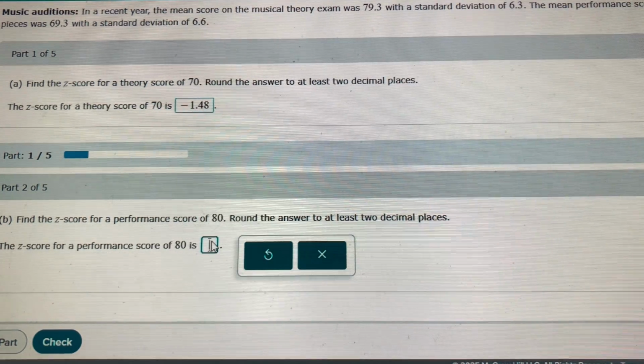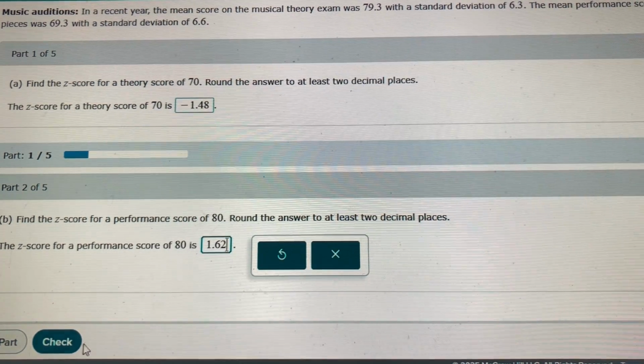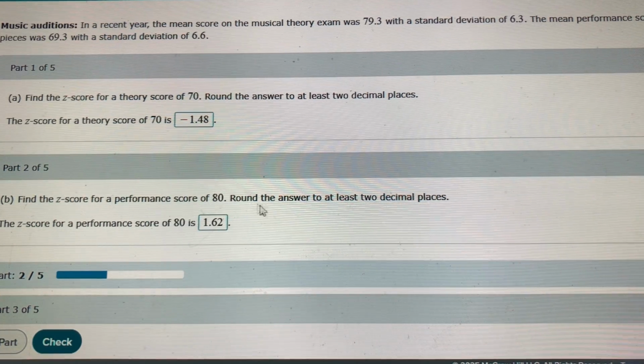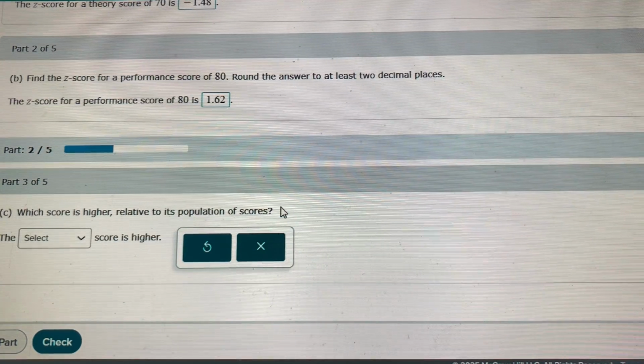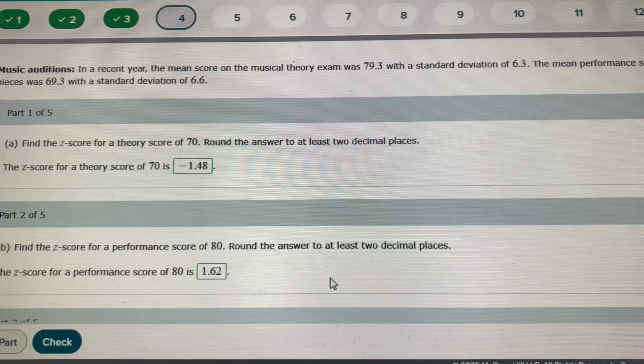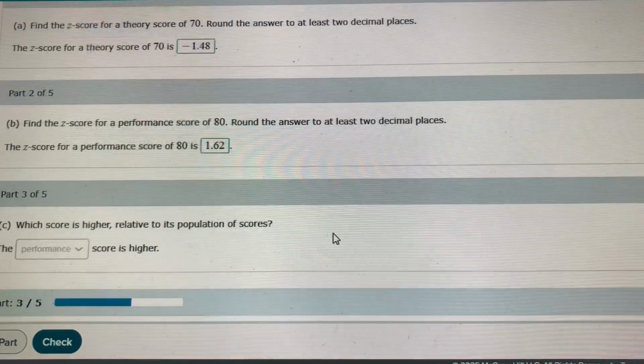So this one was 1.62. This is probably not the best example to see this for the first time, because clearly the 80 was better without even doing z-scores. But which score is higher relative to the population of scores? It's the second one, and not because 80 is better than 70, but because 1.62 is better than negative 1.48.